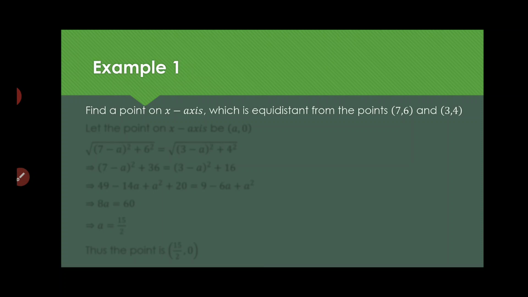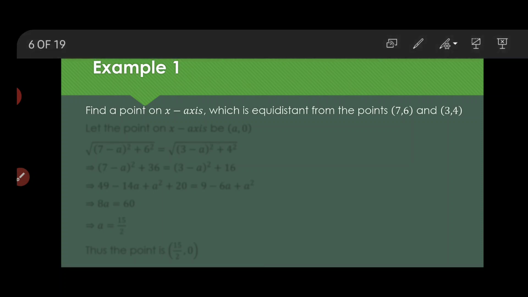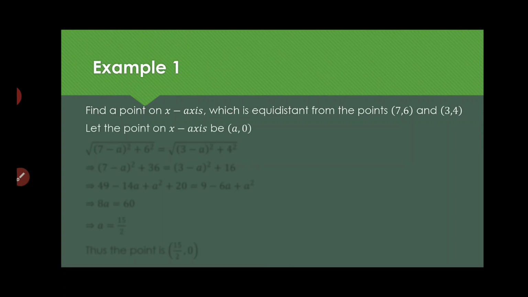Now we know that any point on x-axis is given by a comma 0, or anything comma 0, because for any point on x-axis, the y coordinate is 0. Now let us find the distance from this point to the respective points which are given, and also it is told that they are equal.